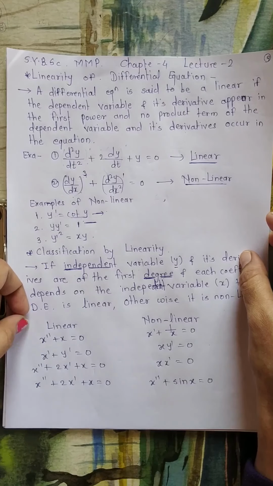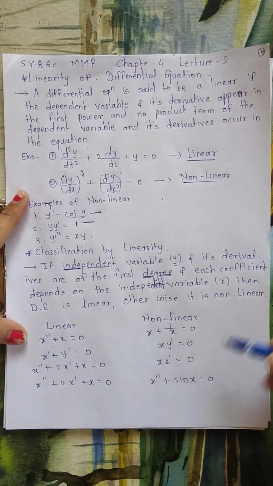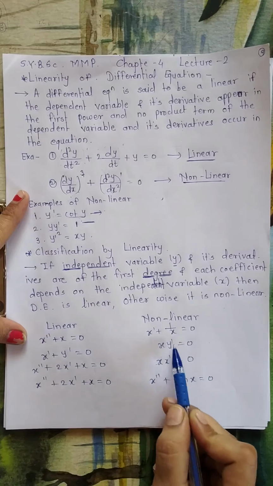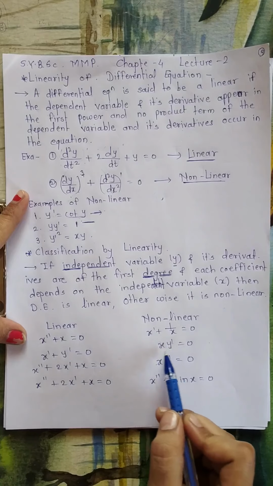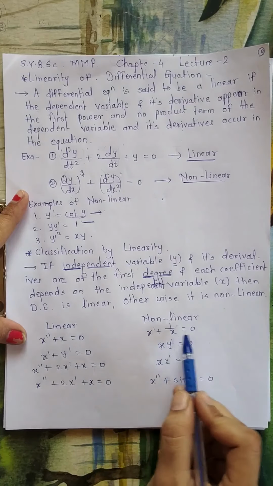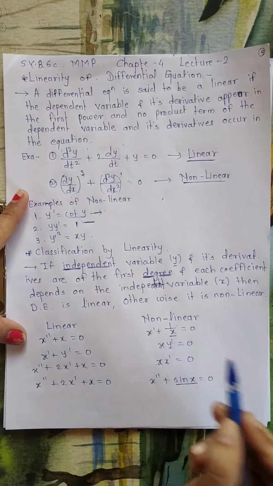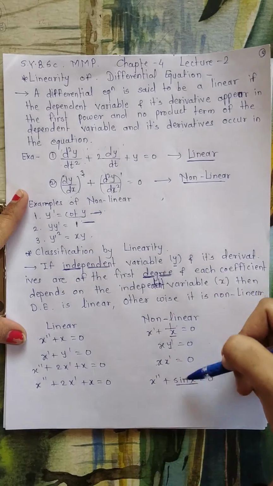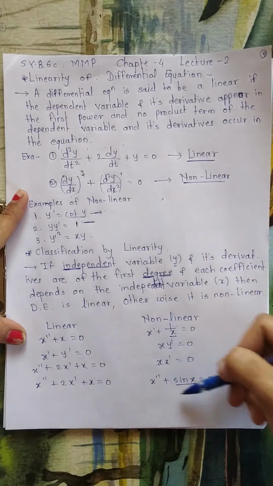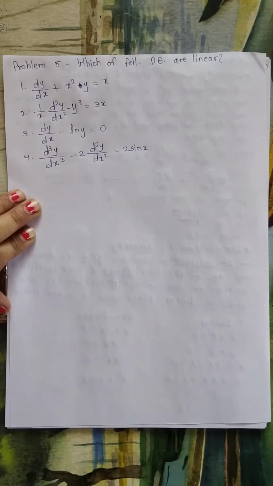Either there is a derivative or separately the variable. But if you observe here, there are products of the variable and its derivative, as well as in some equations there are non-linear functions. So these two are non-linear, therefore these are examples of non-linear differential equations.